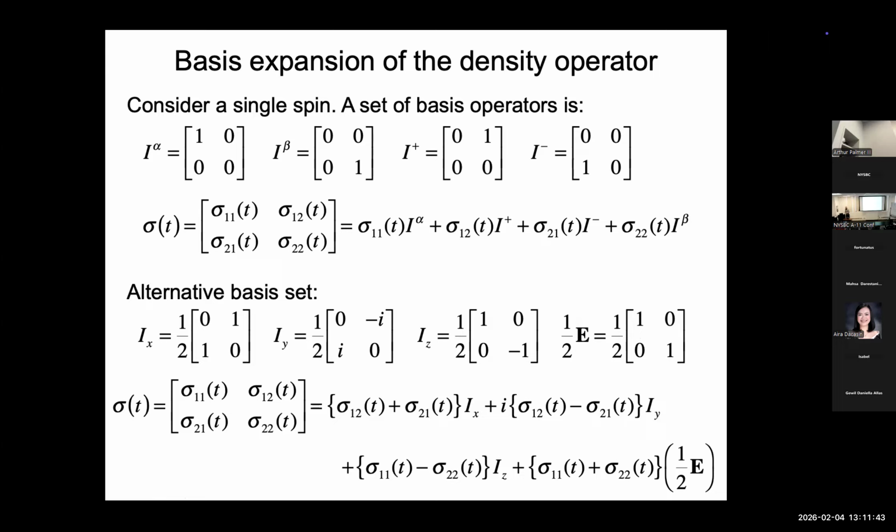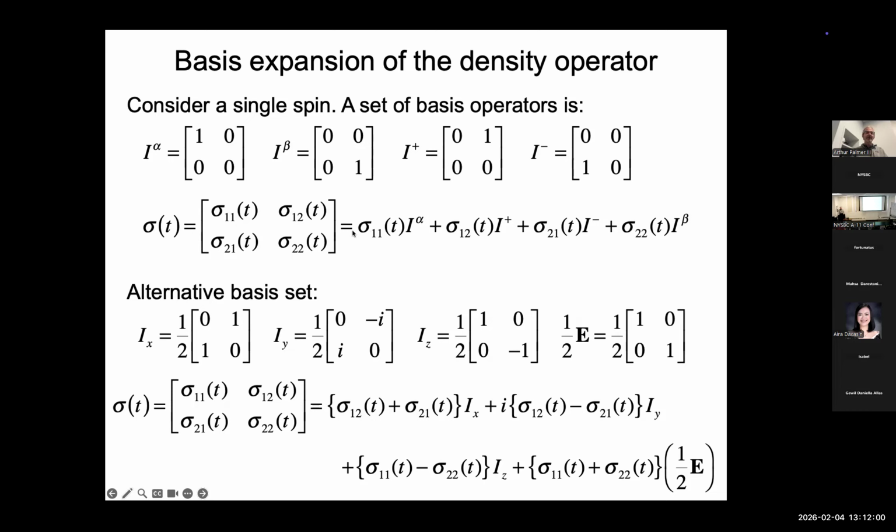So suppose I have some arbitrary density operator. For a single spin, it's a 2x2 matrix, and it has 4 components indicated here.